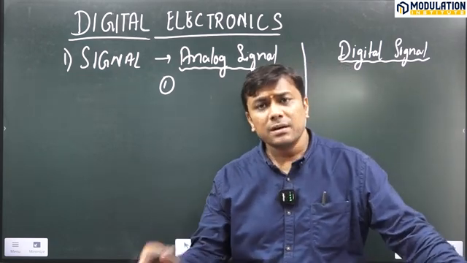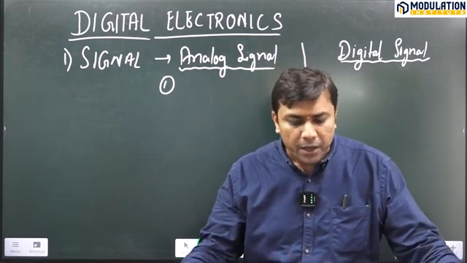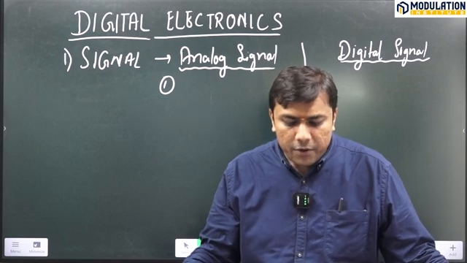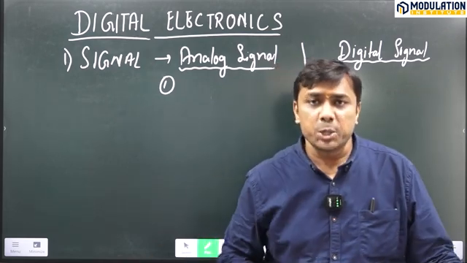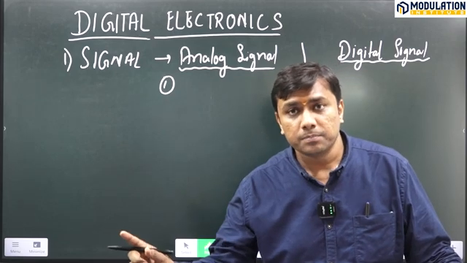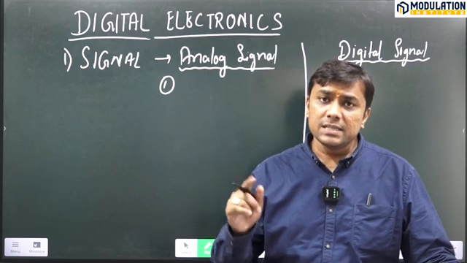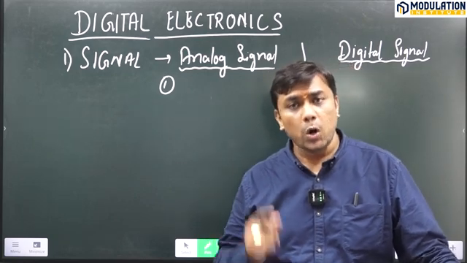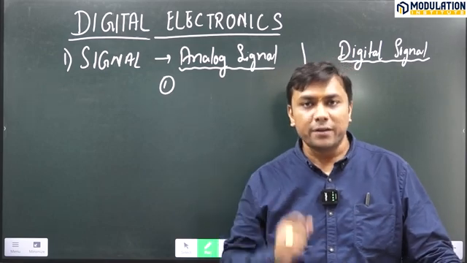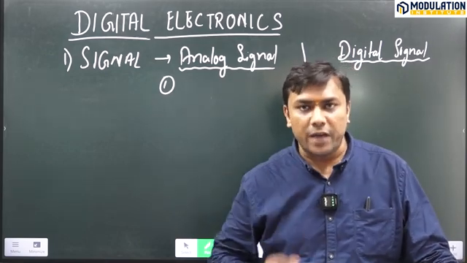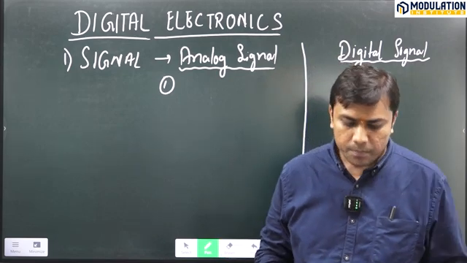Now, what is the definition of a digital signal? Any signal which contains information in discrete variation with respect to time is called a digital signal. Changes happen in digital signals too, but with certain values, finite values, some discrete values. So this is the definition of a digital signal.